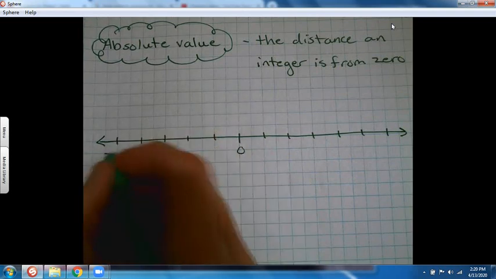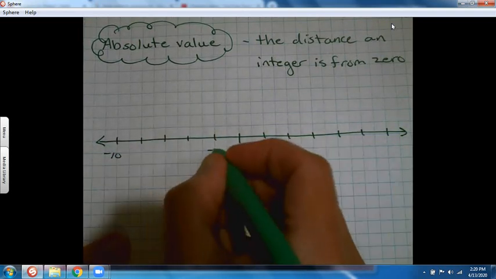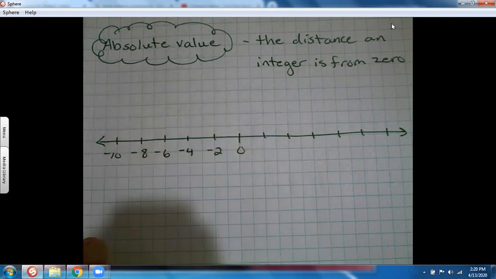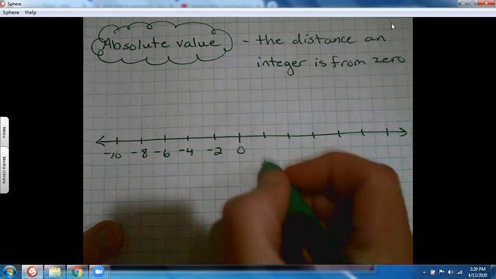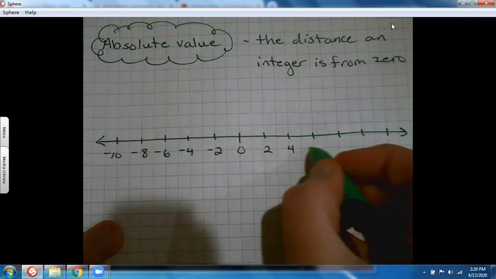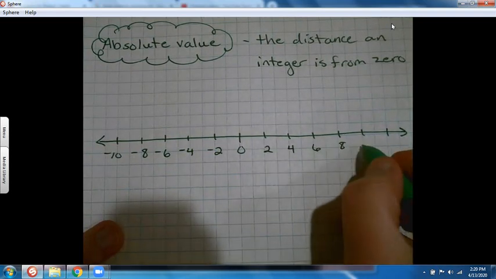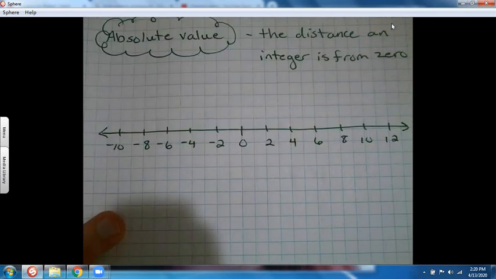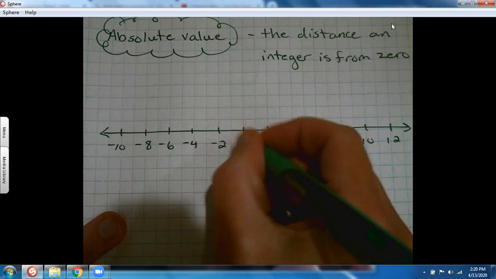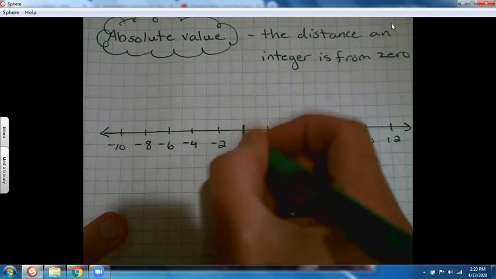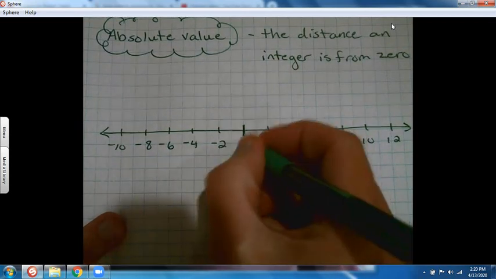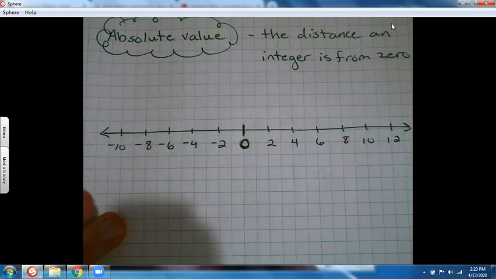I try to go to at least -10. And you know where all the other numbers are in between. Okay, now, absolute value. Here's your key. How far is it from 0? That's all you have to answer, okay?